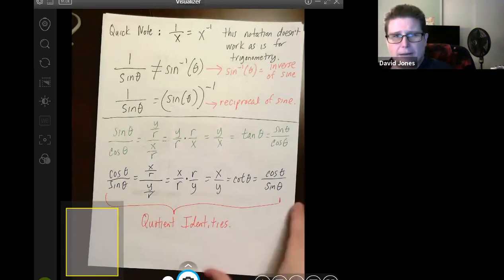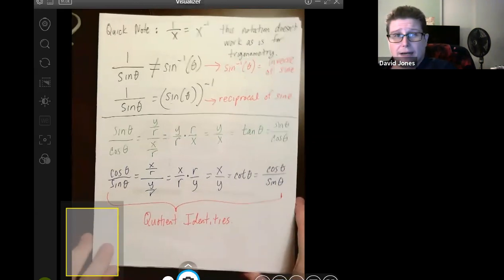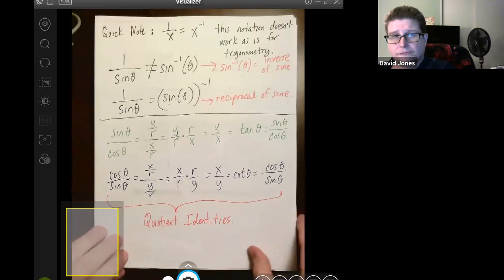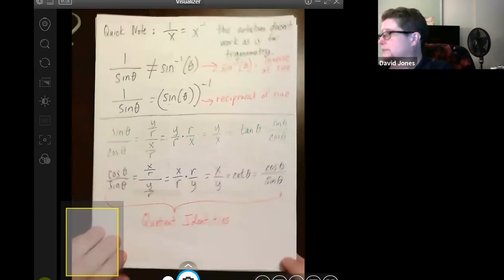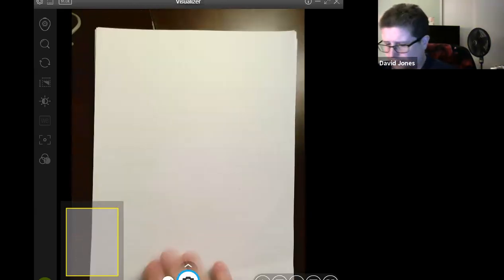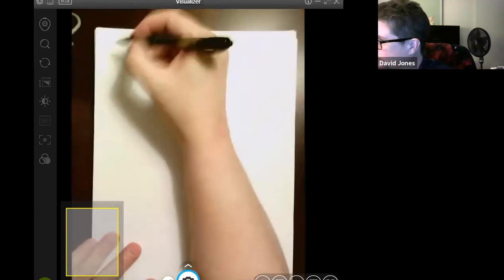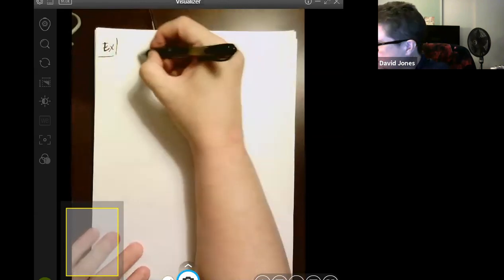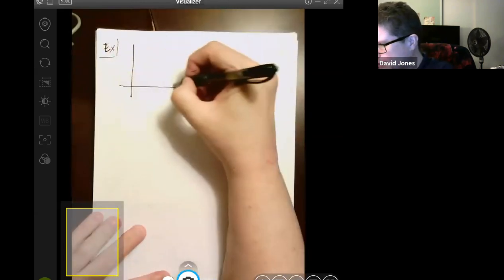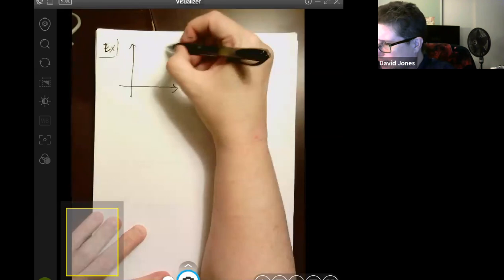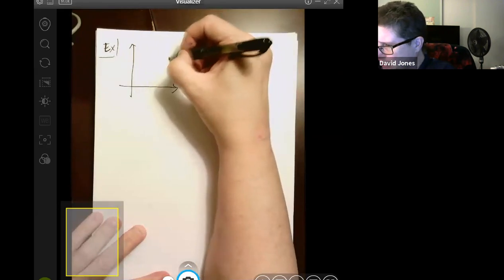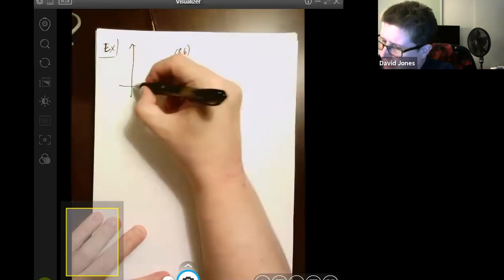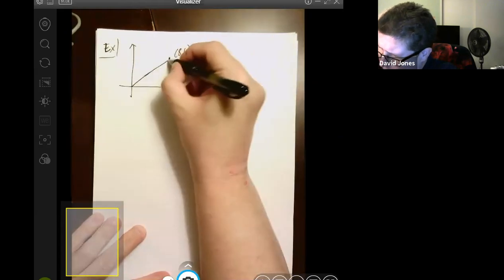Let's look at some examples. Pause it if you need to. Okay. Our first example. We have a point at 8, 6, and a ray going to it from the origin.